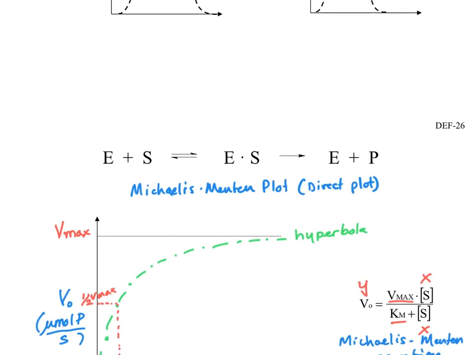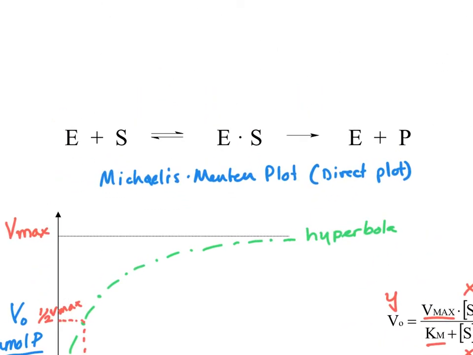Up to the top of the page, we have what's called the Michaelis Menten model. And this goes as follows. If you take an enzyme and a substrate and mix them together, they form a complex.